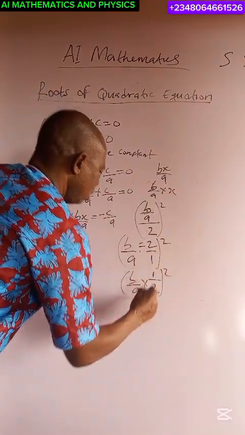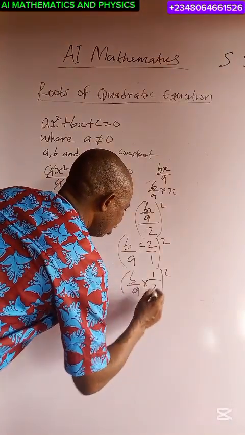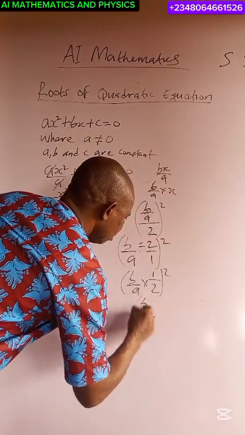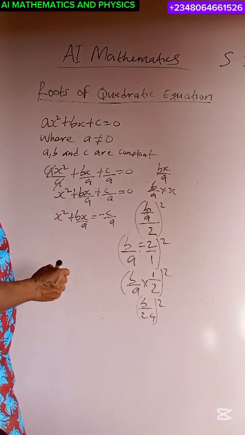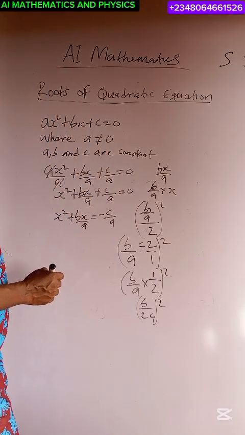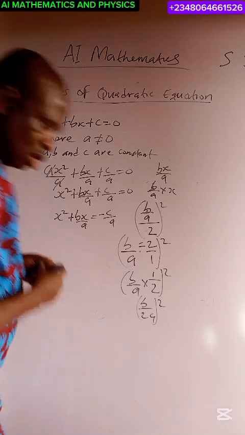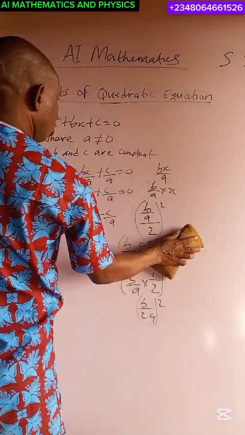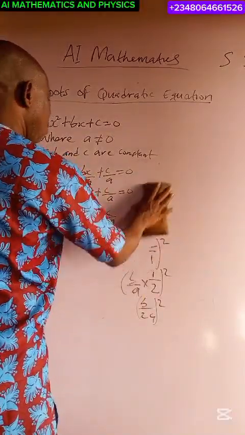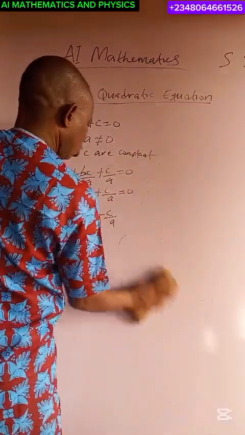That's b times 1, b; a times 2, 2a, squared. Which means we add b over 2a squared to both sides.